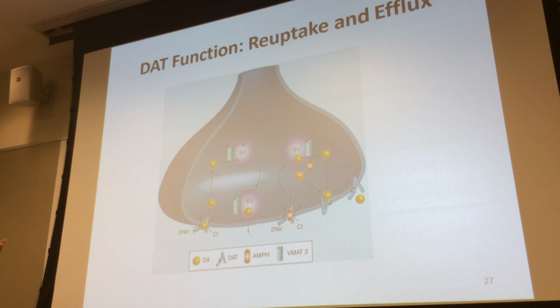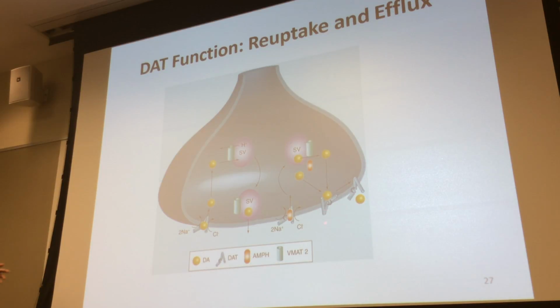Then the dopamine can bind to the transporter inward and get transported outside. We call this process efflux, which is the opposite of reuptake.